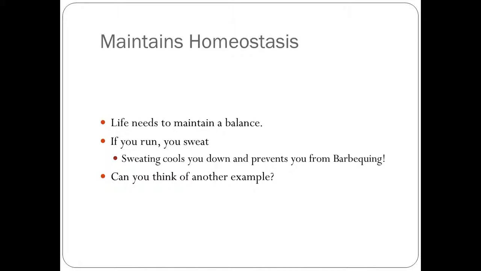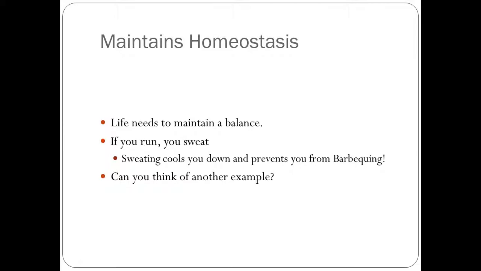So a good example is if you go for a run, your body sweats. You might ask the question, why does my body sweat? Why does it care? Does it do it just to make me smell bad? No, your body sweats because sweat helps to cool you down. If you get too hot, your body will quite literally overheat and you will die because you're out of balance.